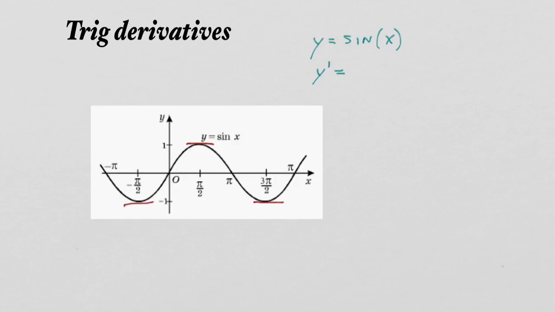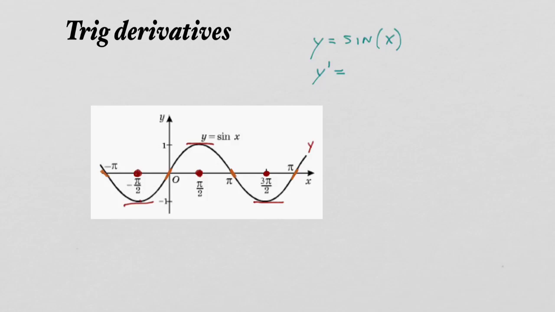Horizontal tangent lines on my graph of y will correspond to x-intercepts on my graph of y prime. So everywhere that I have either a relative maximum or a relative minimum, those will become x-intercepts.